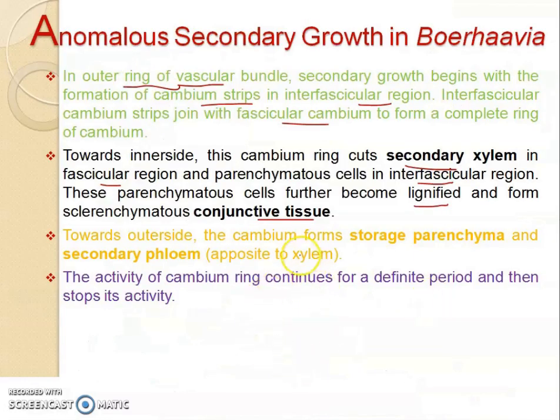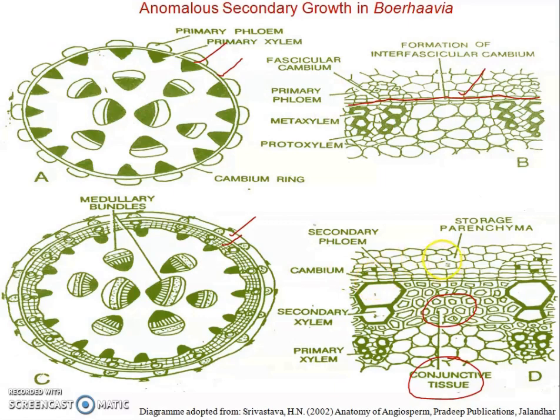Towards the outer side, the cambium forms storage parenchyma and secondary phloem opposite to the xylem. Here in this case, the outer side region is formed of secondary phloem. So this cambium ring forms the secondary phloem in the outer region and secondary xylem towards the inner region.